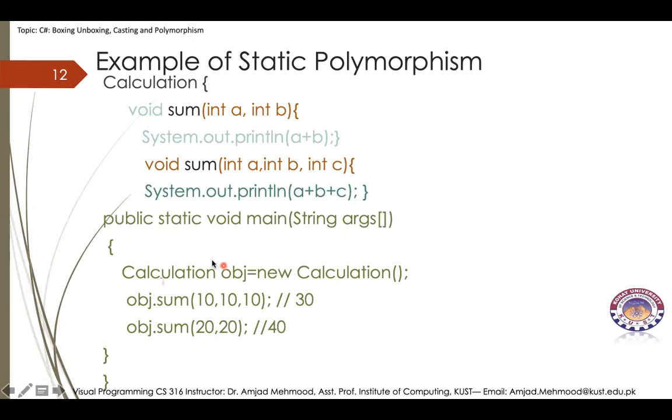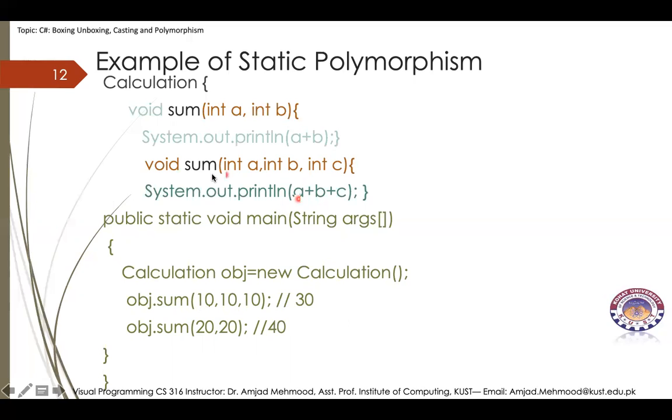Here you can see that I have a calculation class and an object obj, and now I am performing binding. Obj is the object name and this is the method name. As I am passing three parameters, the three-parameter method will be called.